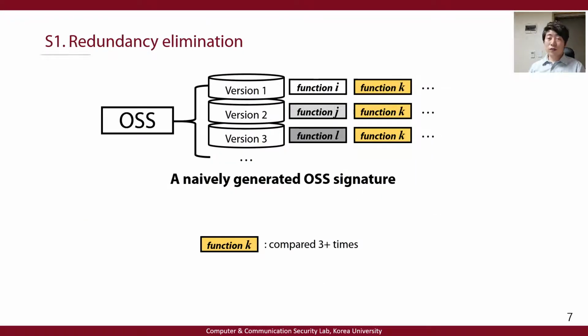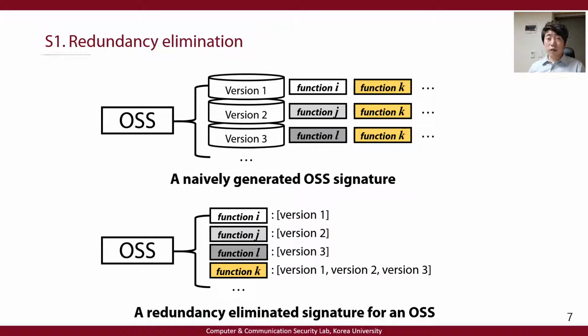If we naively generate the OSS signature, the function k will be contained more than 3 times. Therefore, when we compare the target software and this OSS signature, the function k will be compared more than 3 times. This unnecessary comparison hinders the scalability and the speed of matching during component identification.